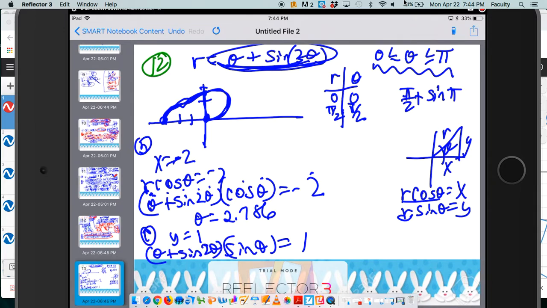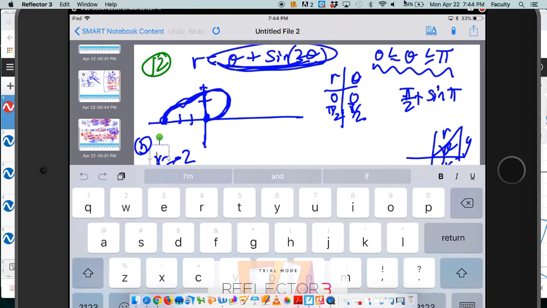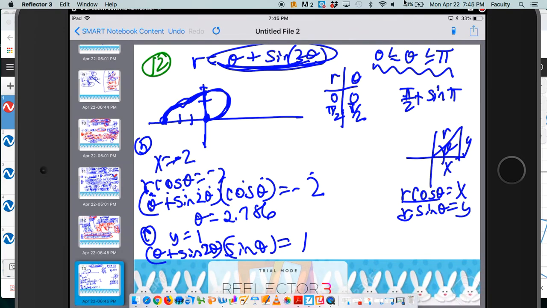Again, you can use your function mode and put in an x for theta. Calc intersect, try it. You get two answers where theta is 0.661 and 2.223. This is 0.661.